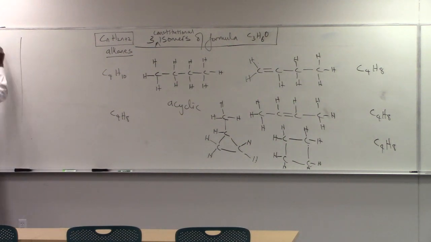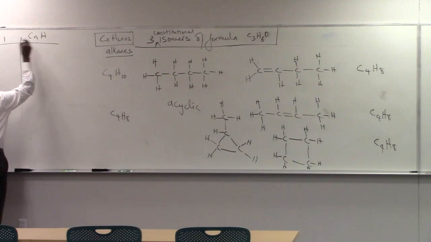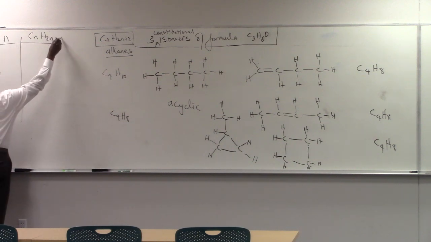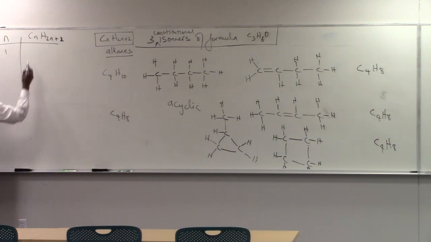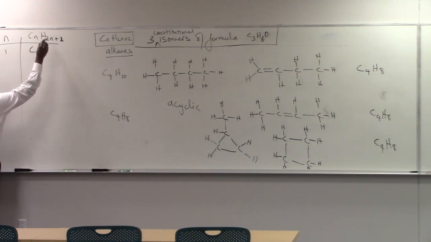And you can imagine that when n is 1, my formula is C1, you never write the 1, H2 times 1 is 2, plus 2 is 4. That's methane. That's the natural gas.